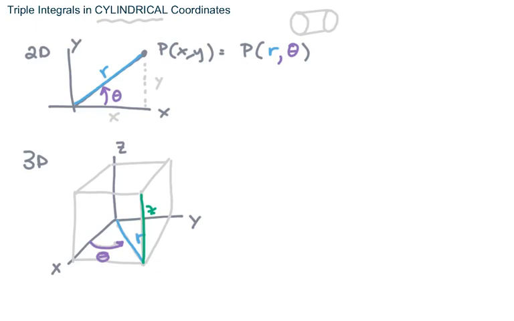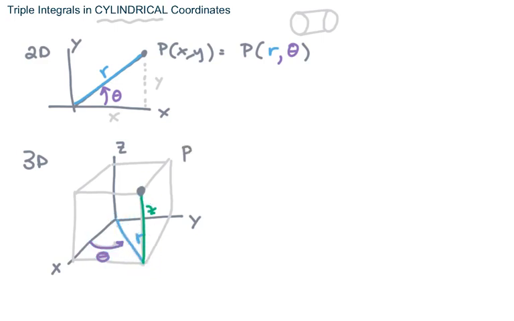and then we go up to some point in space, z. So in this case, when we think about taking that rectangular or polar coordinate in 2 dimensions and then putting it into 3 dimensions, we now have this point in space. We rotate, we extend out, and we shift up.